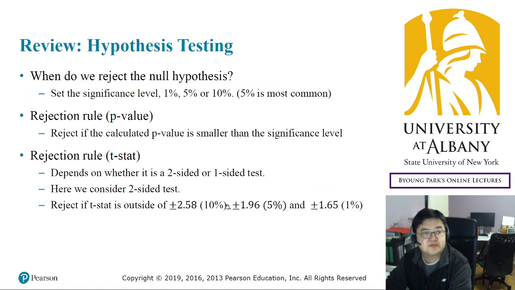That is the rationale. And then formally, how do you make the decision? We set the significance level: probability 1, 5, or 10 percent. Usually these three are the most common, and 5% is the standard.